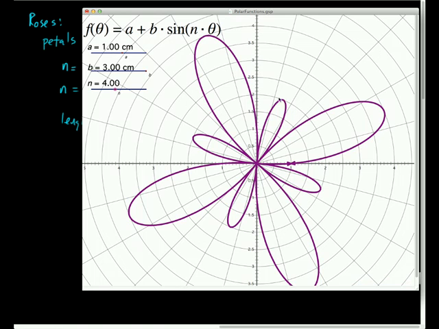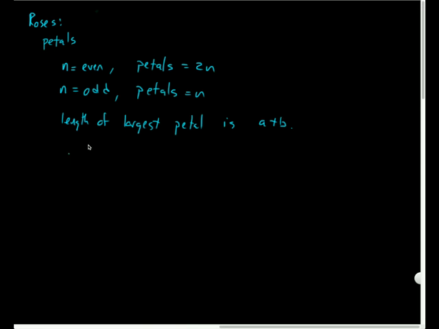So this petal here is actually traced for these angles, and this petal here is being traced for these angles, and we just have a negative R value that's taking place there. So it appears as though the smaller petals is A minus B, right?